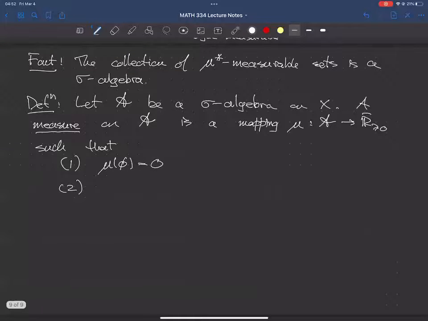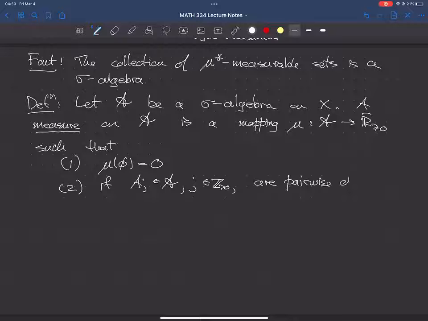For measures, if the A_j are pairwise disjoint, which means any two of them don't intersect, then the measure of the union is equal to, not less than or equal to, but equal to the sum of the measures.